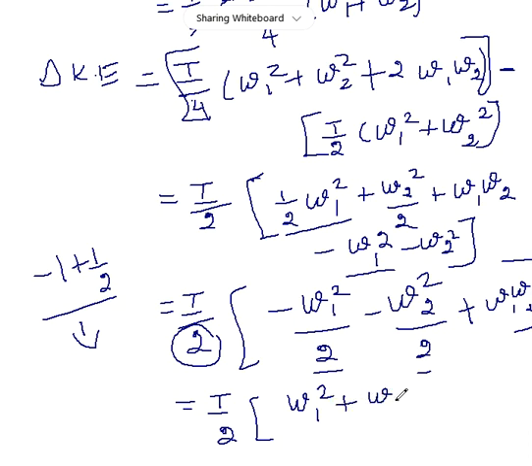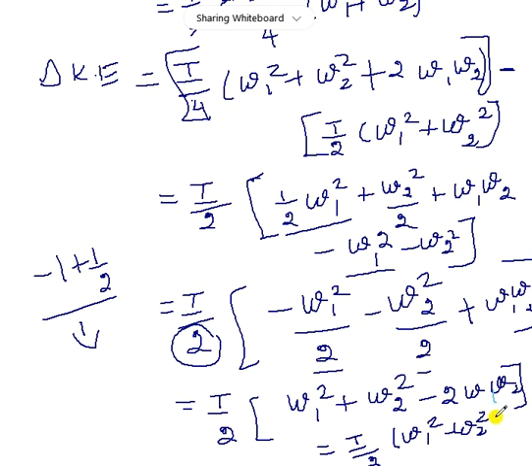So this will also become plus, and here minus 2 omega 1 omega 2 will be there, right? Now this is nothing but a squared plus b squared minus 2ab, which is a minus b the whole squared. So it is I divided by 2 into omega 1 minus omega 2 the whole square, right?